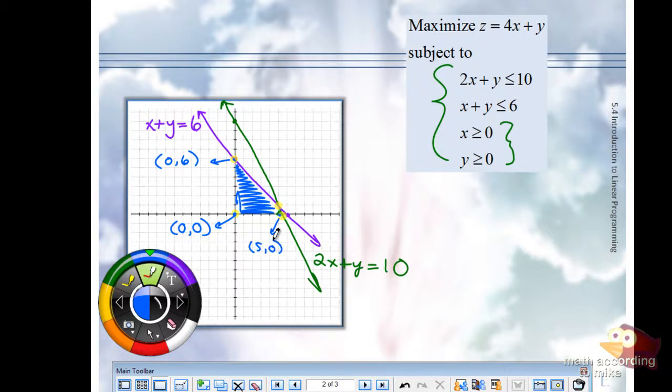But now any of these floaters, do not base it off the graph because it might be fractional. So instead, we would have to find the intersection of the lines, x plus y equals 6 and 2x plus y equals 10. So we'd have to do algebra.